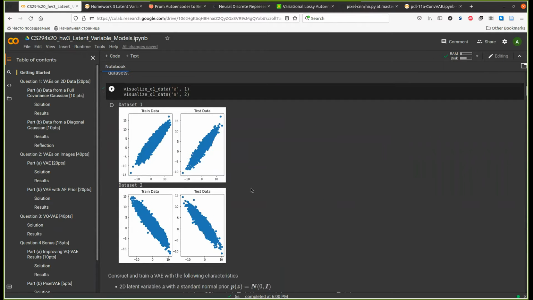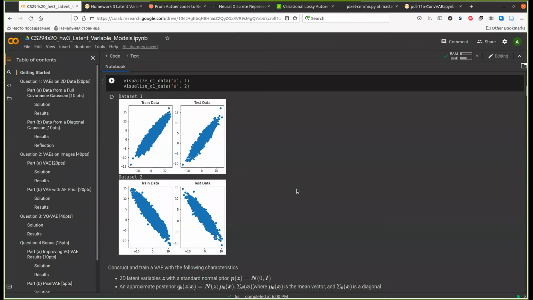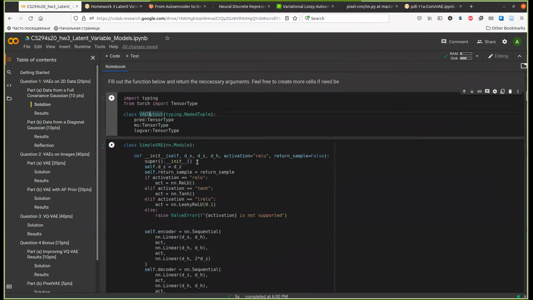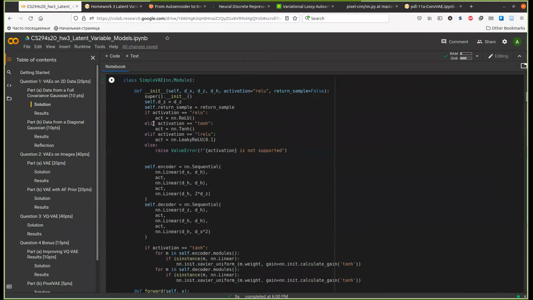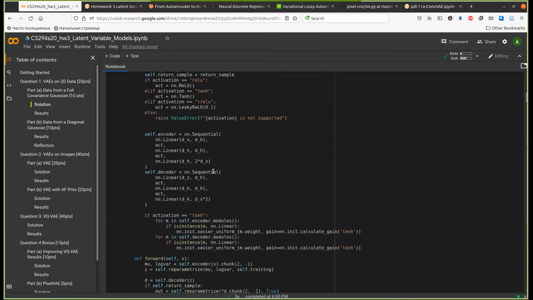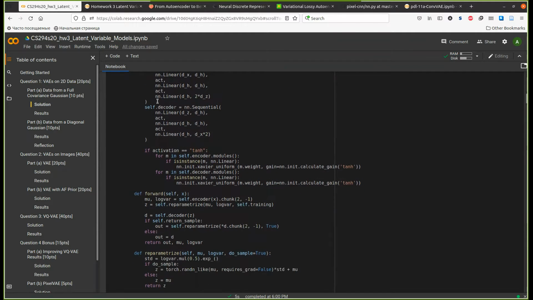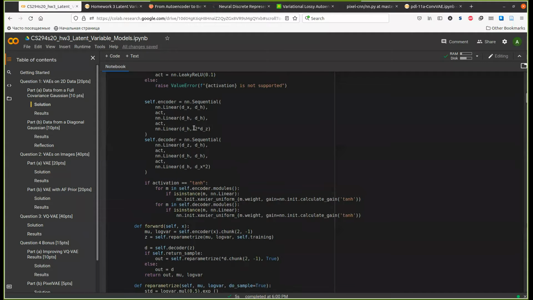Okay, so now let's go back to our task here. We will have this simple variational autoencoder, and I've chosen the encoder to be a 3-layer fully connected MLP, and the decoder a 3-layer MLP as well.